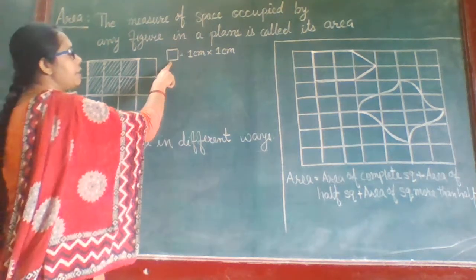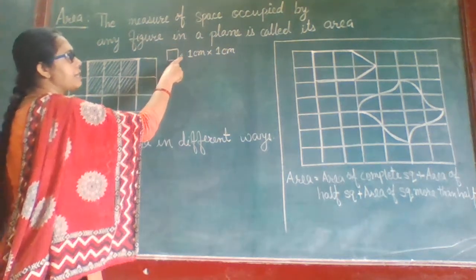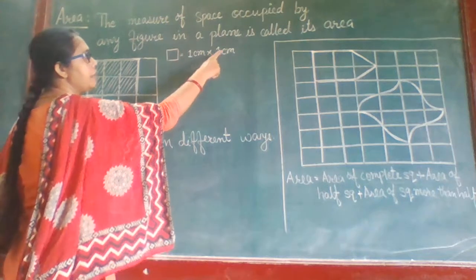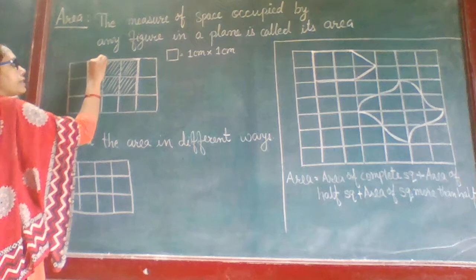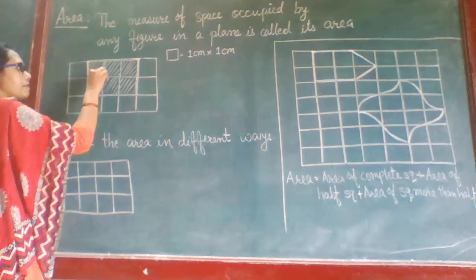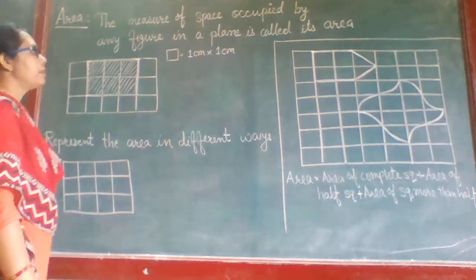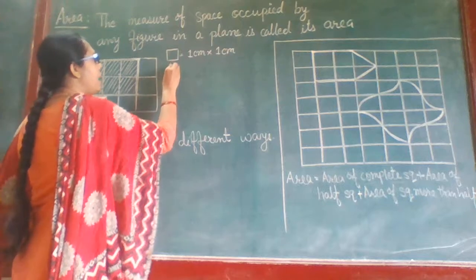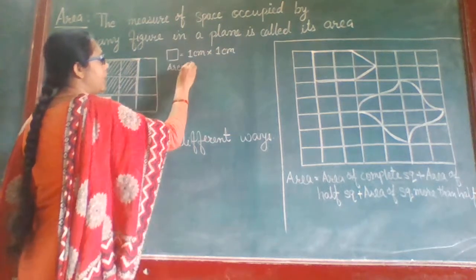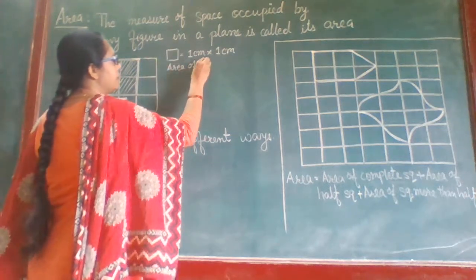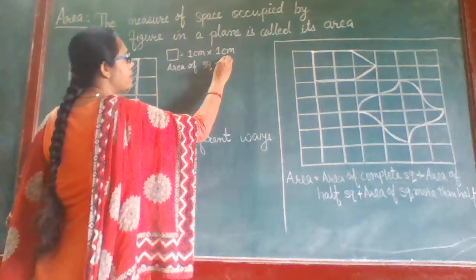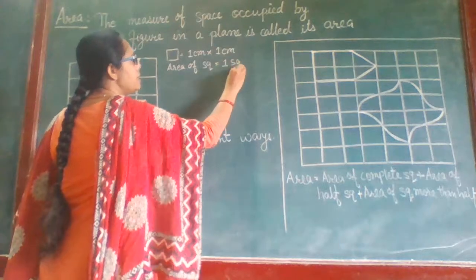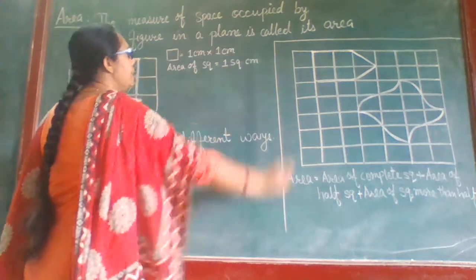Here it is given to us that 1 square is equal to 1 centimeter multiplied by 1 centimeter. It means this side is 1 centimeter and this one is also 1 centimeter. So the area of one box, the area of a square, is equal to 1 centimeter multiplied by 1 centimeter, which is equal to 1 square centimeter.